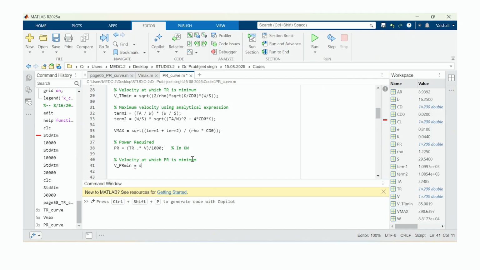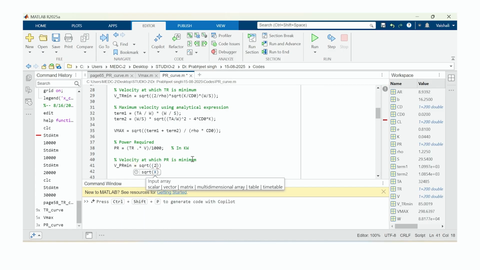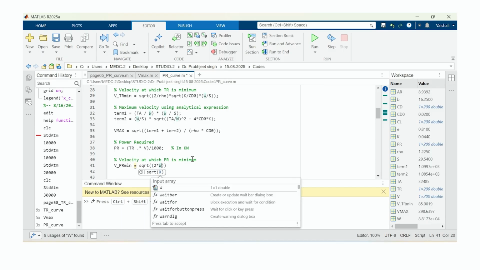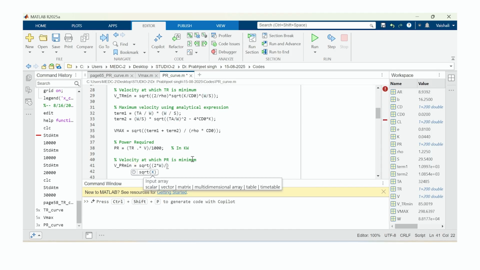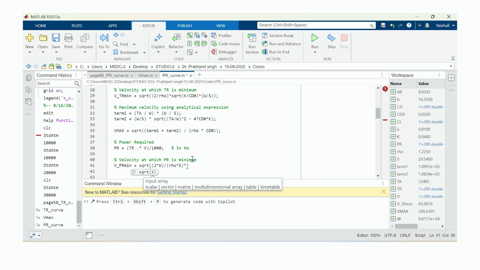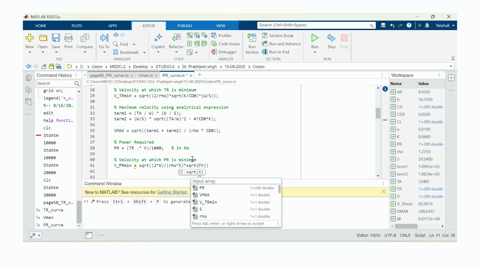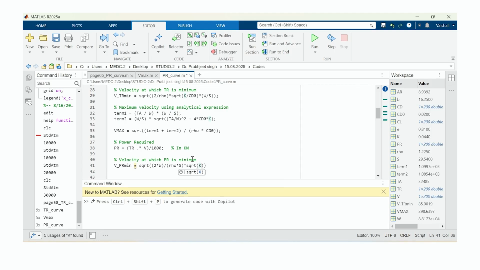So I am writing that expression over here: square root of 2 into W by rho into S, into square root of K by 3 CD naught.